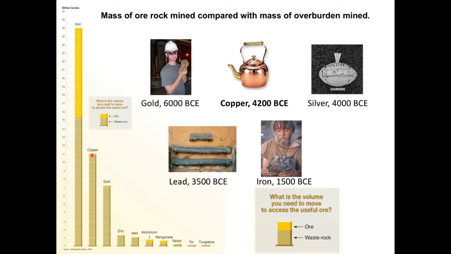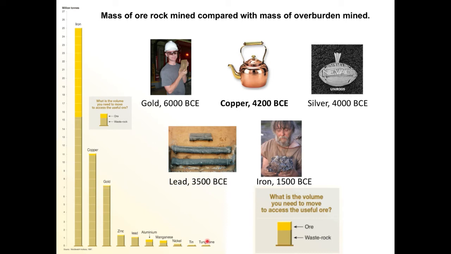To get this much copper just at the top, you have to extract all of this overburden, right? So we're extracting 11 million tons of overburden to get about 1 million tons of copper. With gold, it's even less gold and more overburden. Zinc, lead, aluminum is a little better, and remember, aluminum is bauxite. Manganese, nickel, tin, and tungsten.